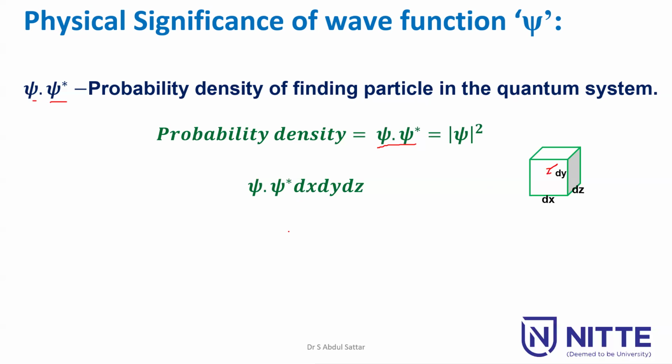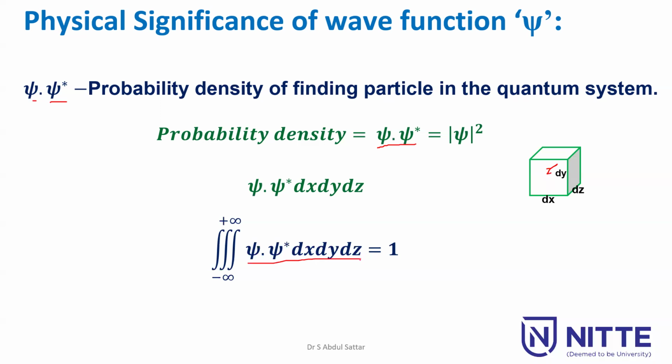If you want to find the position of the particle throughout the system, we integrate from minus infinity to plus infinity, and that gives the total probability. The total probability is always equal to 1. This integral from minus infinity to plus infinity of psi star psi dx dy dz gives what value?